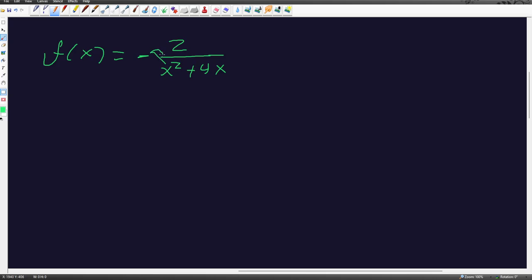We just move the denominator to the front. Remember, we're looking for f prime, the derivative of these quotients. x squared plus 4x times 2 prime, minus.